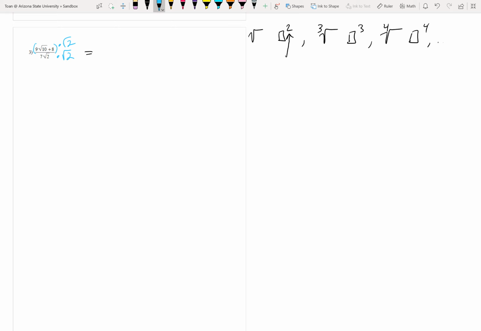So if we distribute that radical 2 in the numerator, we get 9 radical 20 plus 8 radical 2 over, now in the denominator, the whole point of rationalizing is to get rid of the radical. So radical 2 times radical 2, just by design, is a regular 2. When you multiply a square root by itself, you get rid of the square root.